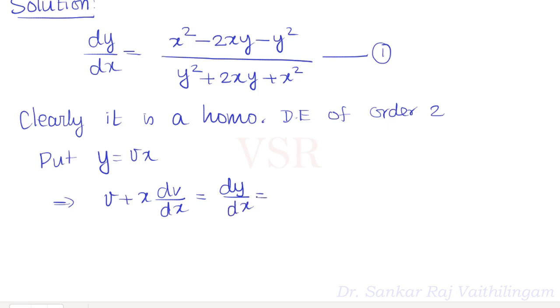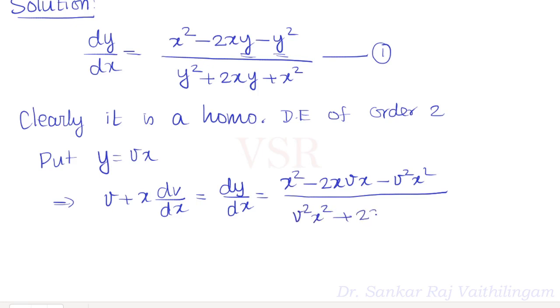equal to x square minus 2x vx minus v square x square. இந்த y க்கு பதிலா என்ன பண்றேன்? y இருக்க வேண்டிய இடத்துல ஃபுல்லா என்ன பண்றேன்? We are putting vx. So divided by y square பதிலா we will have this is v square x square plus 2x into vx plus x square.